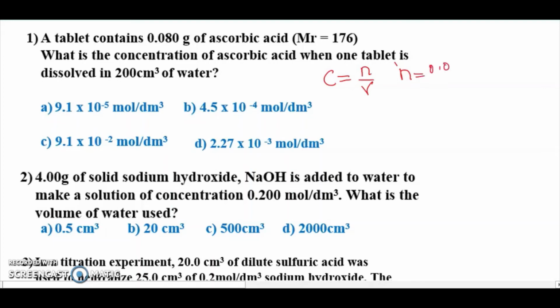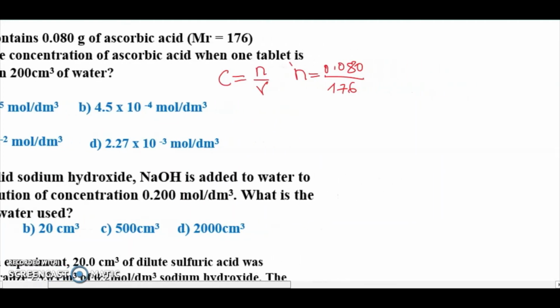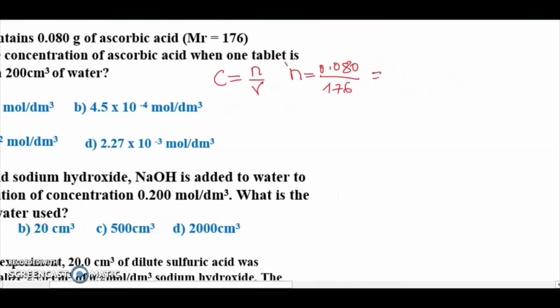So 0.080 divided by the molar mass 176. So what does that give us in standard form? In standard form we have 4.54 times 10 raised to the power minus 4 mole.